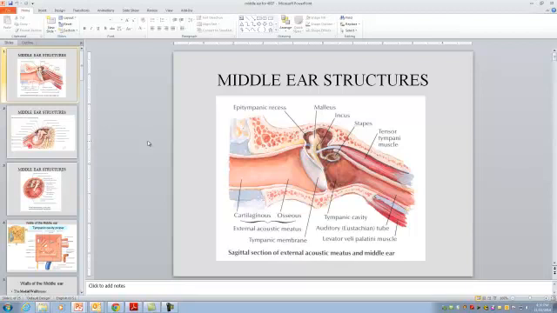So those mechanical advantages that I talked about, like the surface area advantage, for example, that's just the pars tensa and its ratio in terms of area to the stapes footplate. And the bigger the difference in relative surface areas, the more mechanical amplification there will be.